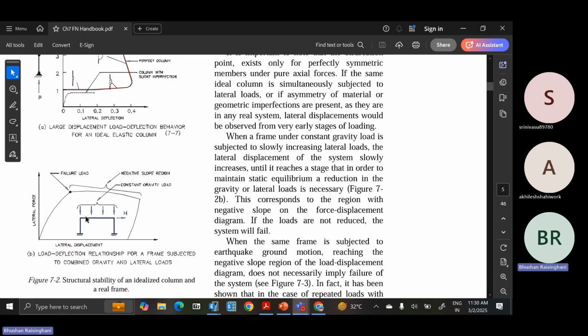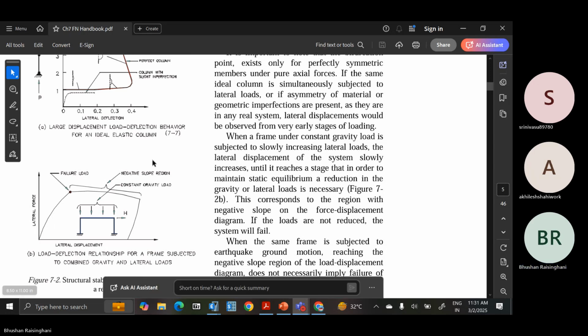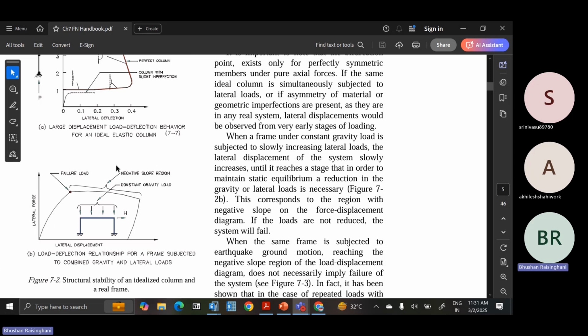Now, the second case is related to gravity load being constant and horizontal load being there. So there will be a negative slope after the yield point. Okay. So this goes into the cyclic nature, and this is the reason the building is able to survive the earthquake and does not seem to be unstable even when the deformations are at a very high level, because we have a negative slope graph which has higher capacity as compared to the initial curvature.